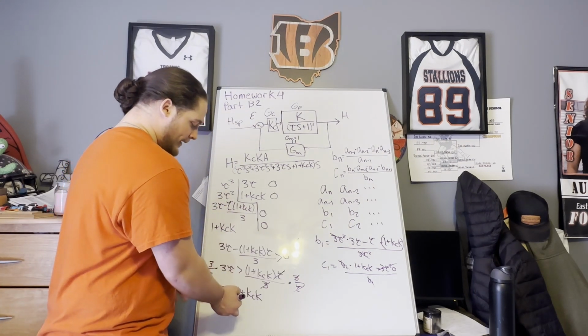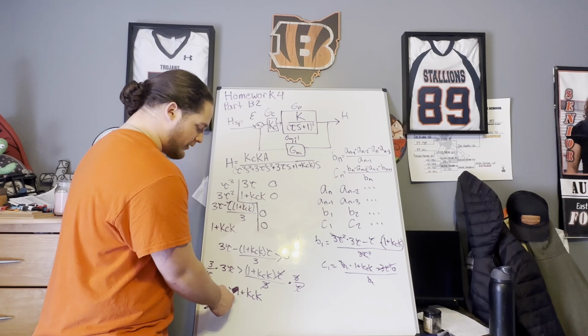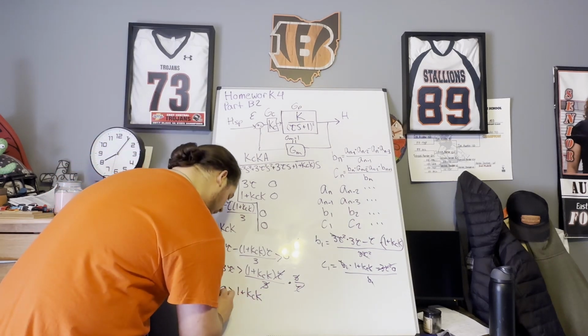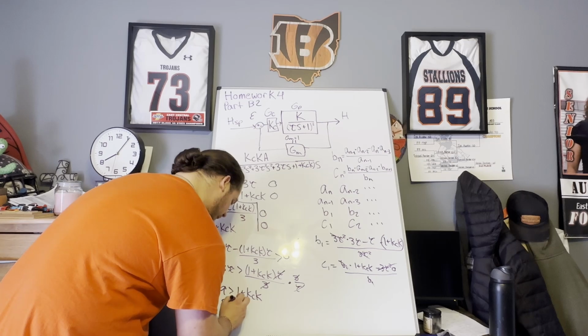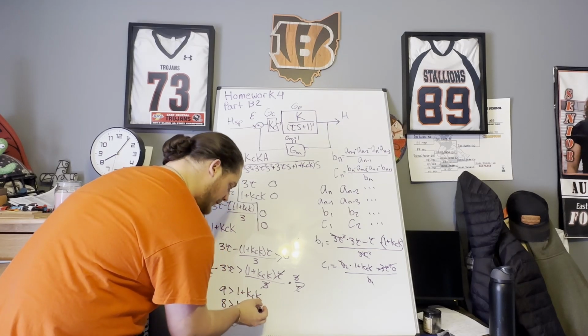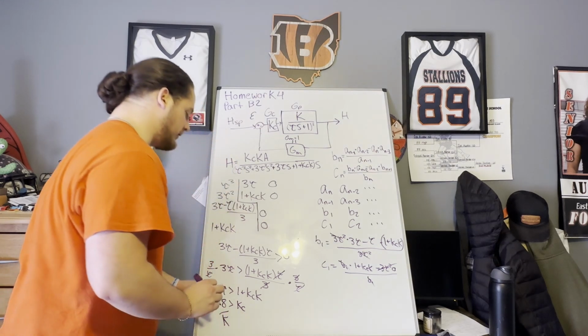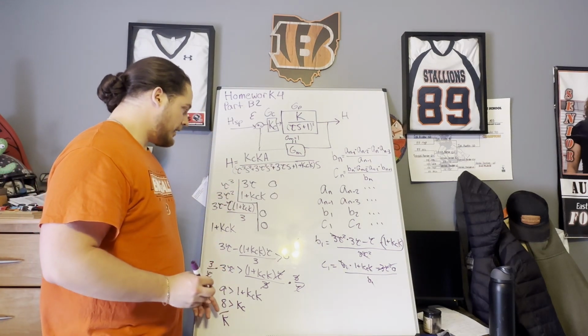Okay, so continuing on, we have 9 is going to be greater than 1 plus kck. Subtracting 1, we get 8 is going to be greater than kck, and we can go ahead and move the k over so that we can determine our limits for kc.